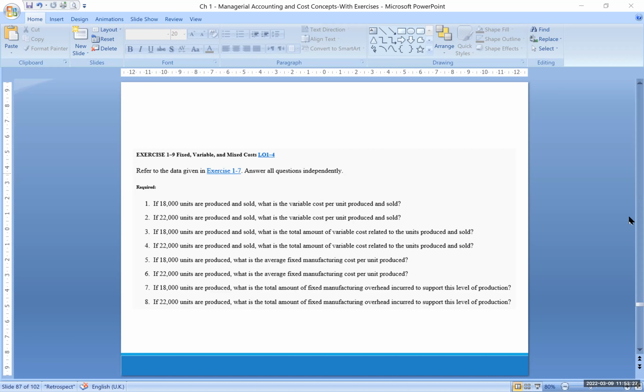Just to remind you about the numbers: direct material is 7, direct labor is 4, variable manufacturing overhead is 1.5, variable selling, we have sales commission for $1, variable administrative for $0.50, and then the total will be $14, right? $14.